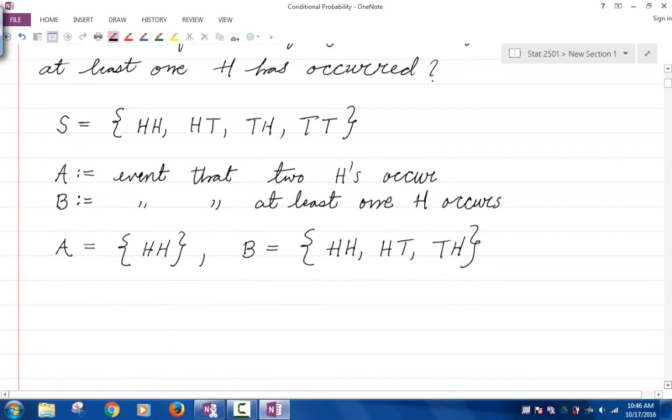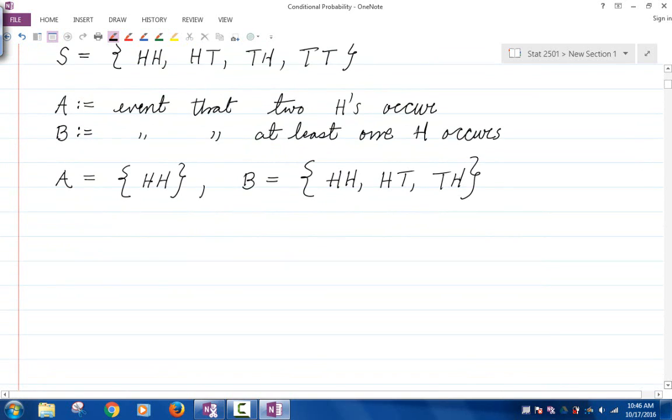What's the unconditional probability of A? What's the overall probability of A? The probability of A, notice, is simply 1 out of 4, right?